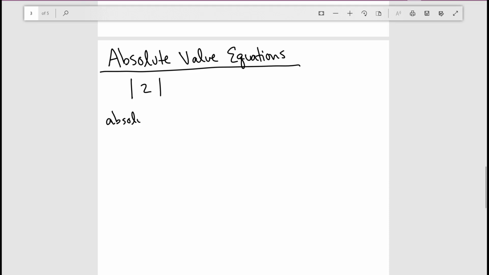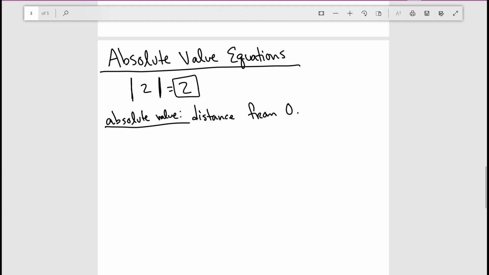So absolute value, all this tells me is the distance from zero. So if I have a number here, 2, and we want to figure out the absolute value, we want to figure out how far 2 is from 0. Well, this is just 2 units.